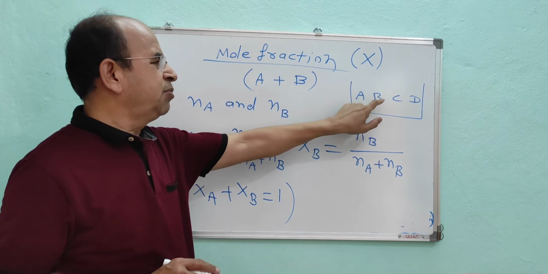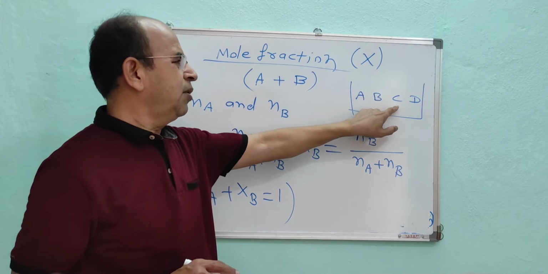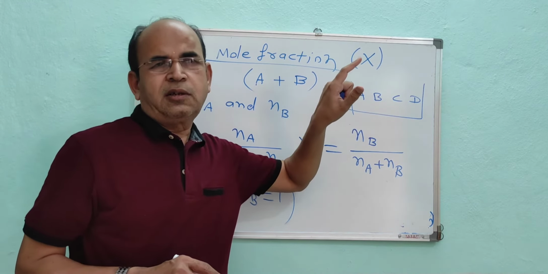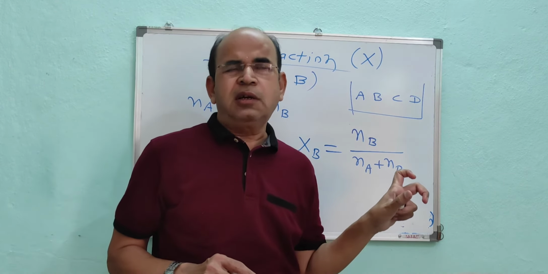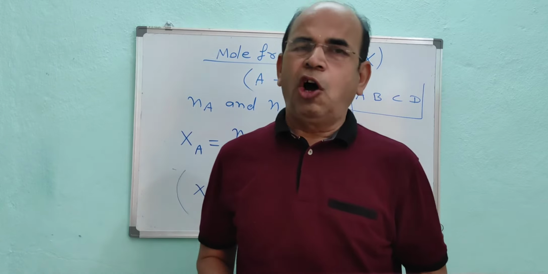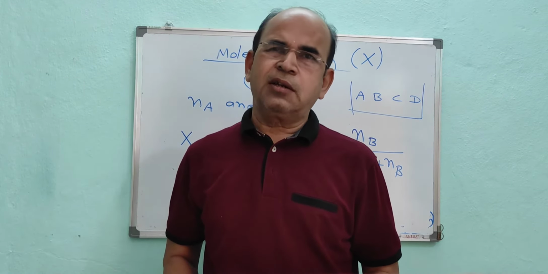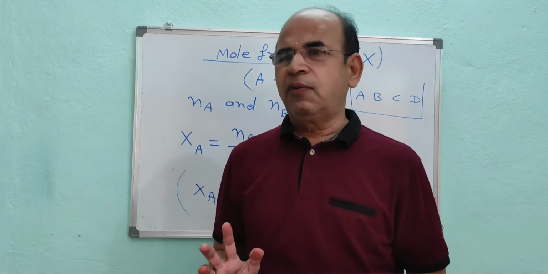XA plus XB plus XC plus XD is equal to 1. So remember, the sum of the mole fractions of all the components in the given solution is equal to 1. So that is about the mole fraction.